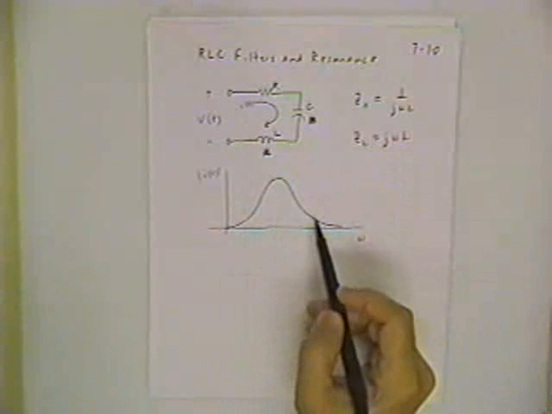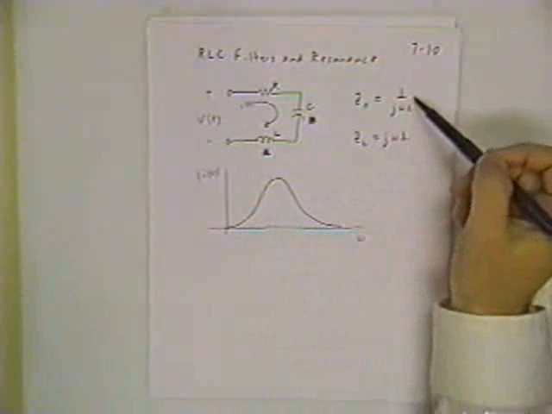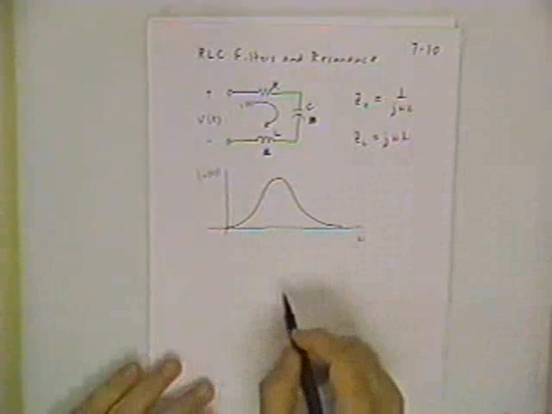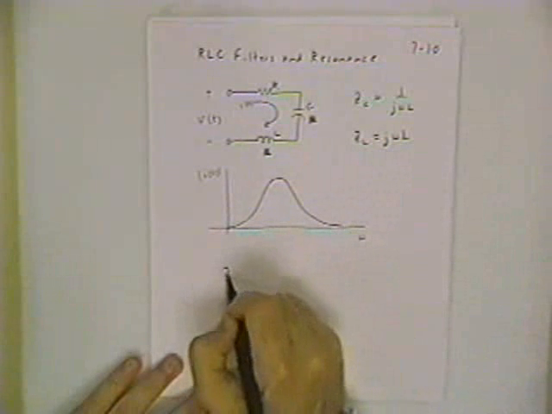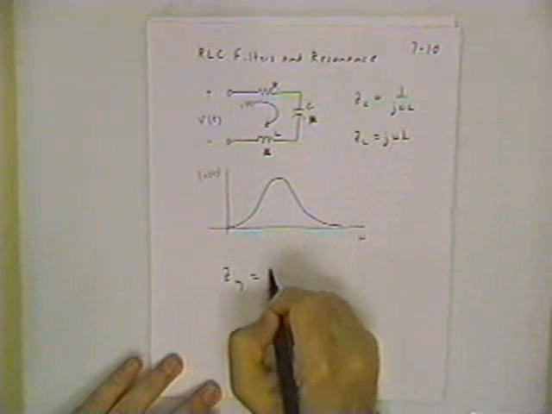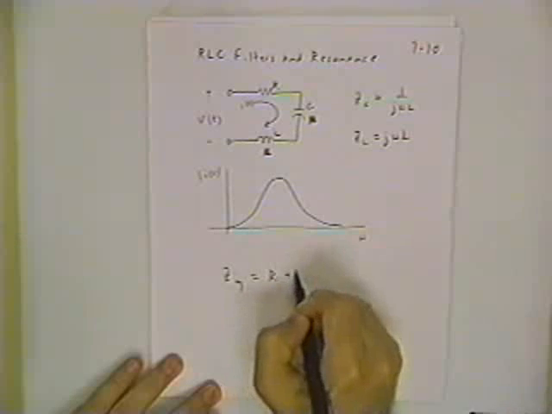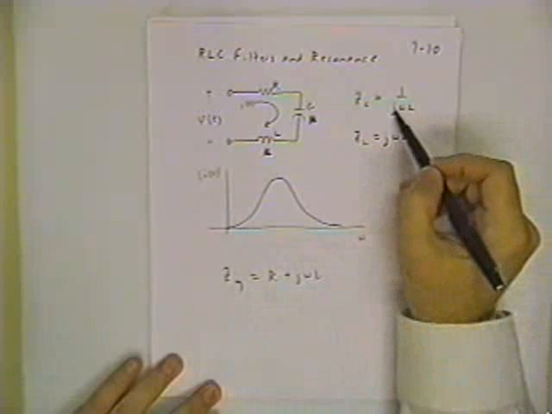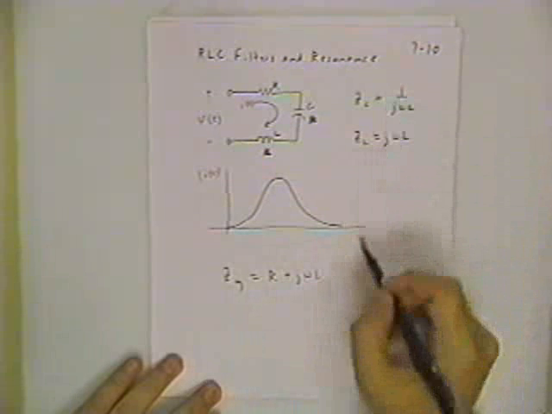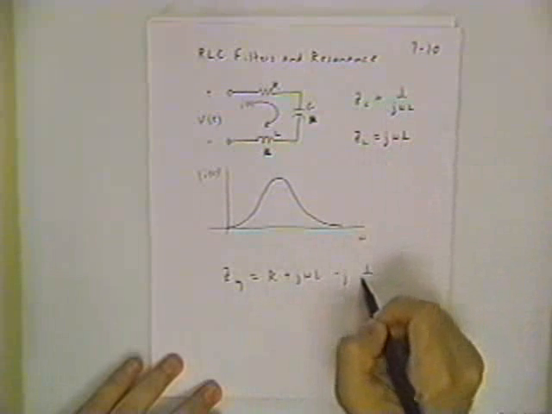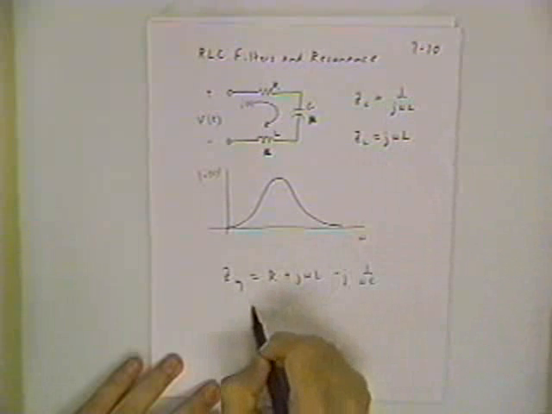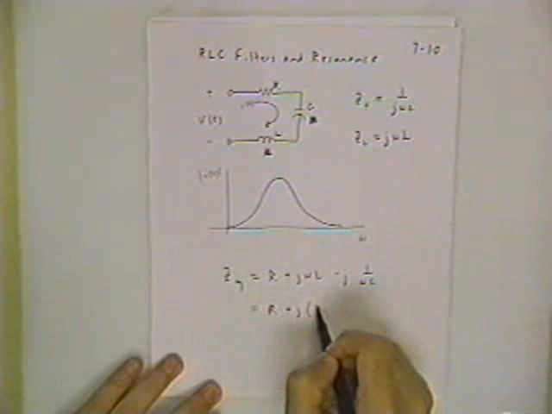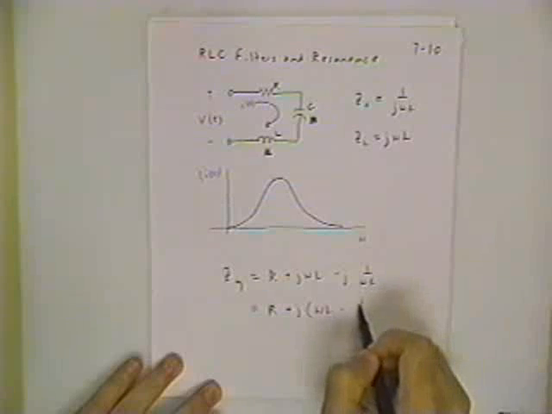But somewhere in between, what happens is that the capacitor impedance and the inductor impedance just cancel each other out. You get a Z_eq equal to R plus j omega L. And now if you'll let me put the j upstairs, that makes this a minus j 1 over omega C. Now I can get a hint of what's happening.